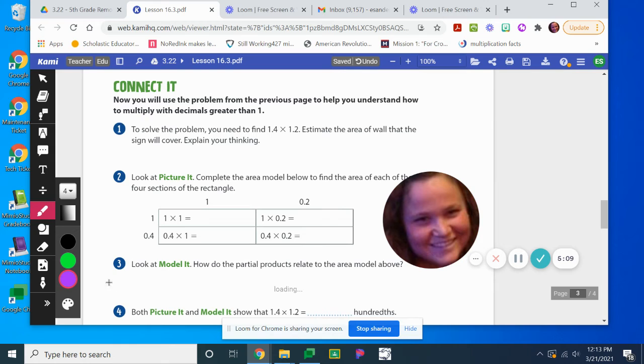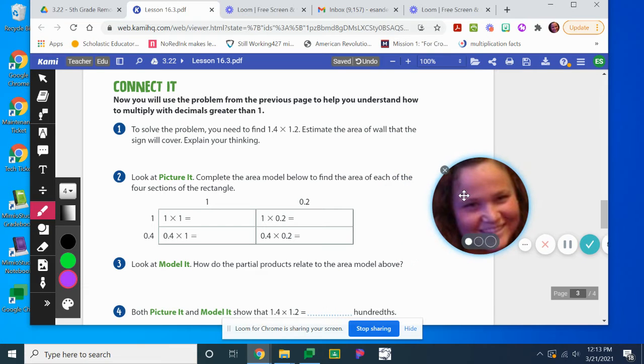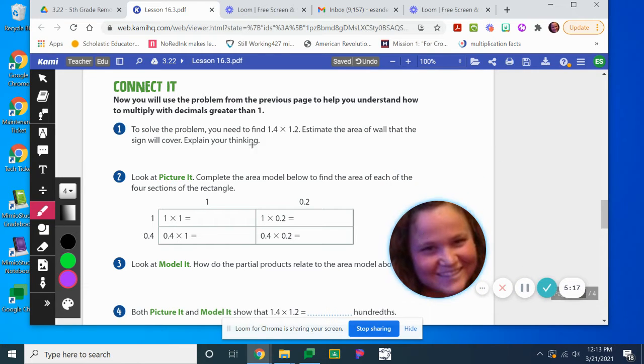Okay? Now we're going to connect it real quick. It says, now you will use the problem from the previous page to help you understand multiplying decimals greater than 1. So if we estimate the area of the wall, we need to explain our thinking. So 1.4 is close to 1, but I would say it's also close to 1.5.